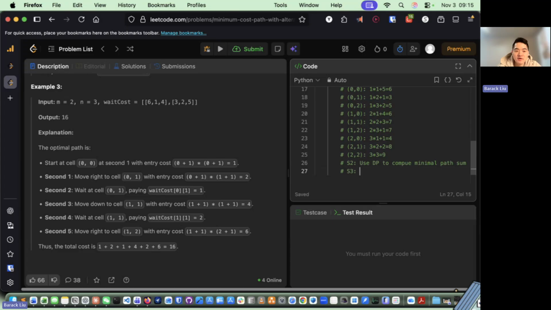Step 3. After we find the minimum, yeah, we just return the minimum of the cost. Okay.